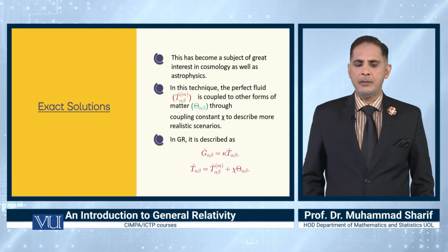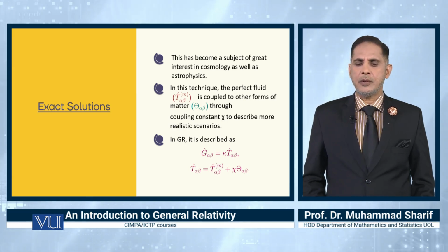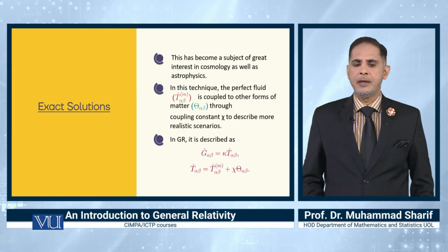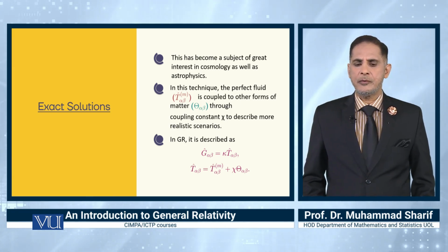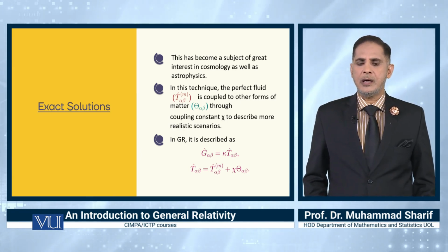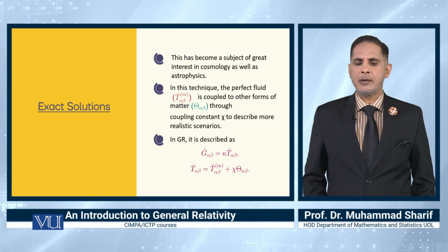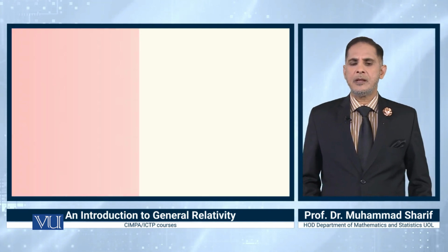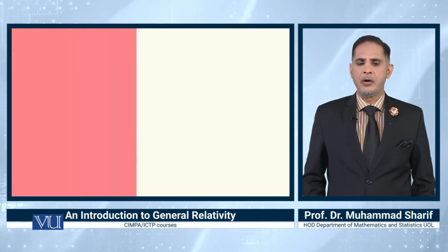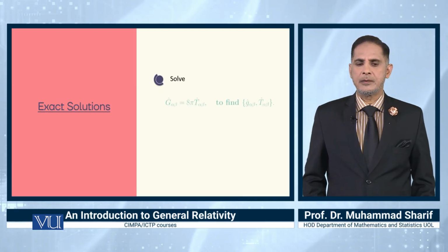We have the field equations G alpha beta hat equal to kappa T alpha beta hat, and we add some other source theta alpha beta, and this xi is the decoupling parameter. This technique was initially developed by Ovalle, and later many people have worked on it.